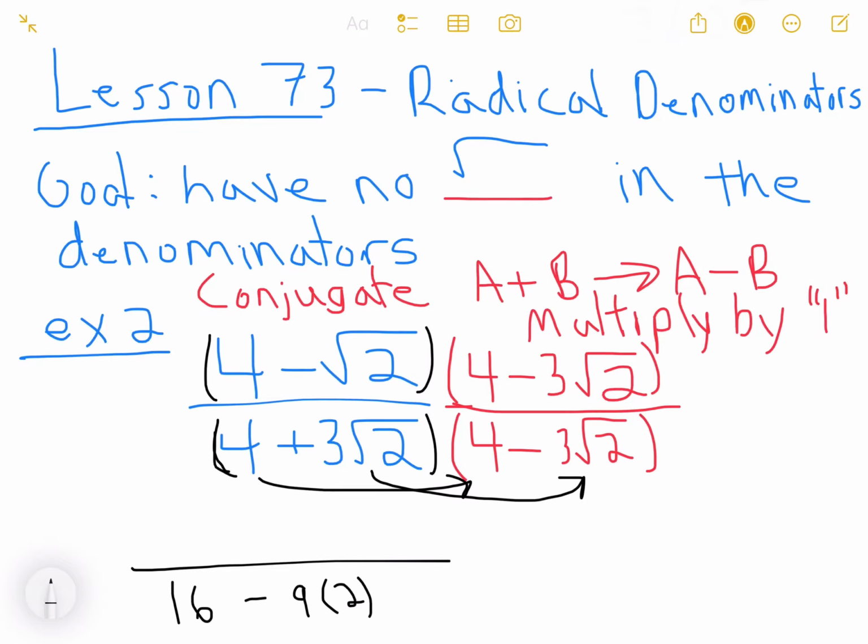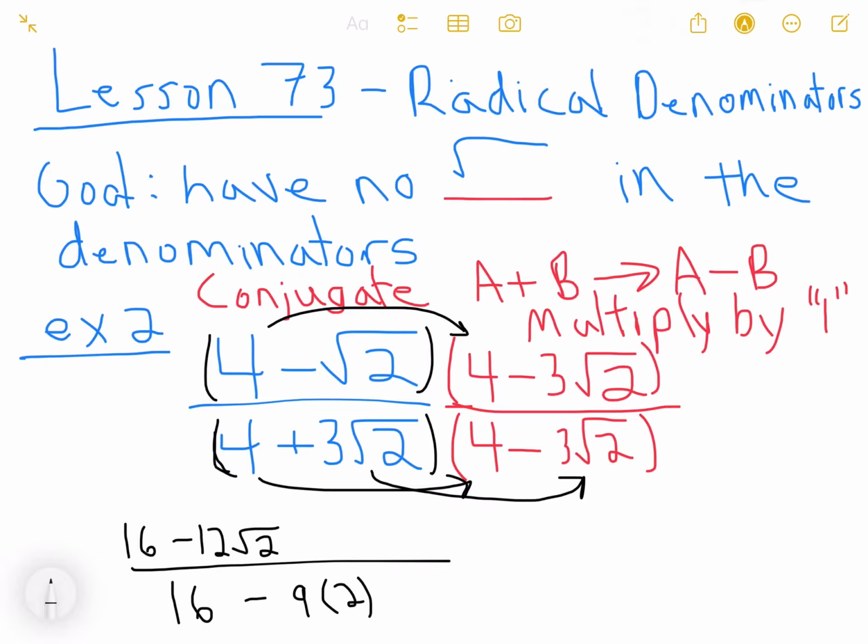But this top one gives me a little bit more trouble, because I have 4 times 4, that gives me 16. It gets a little messy with all these arrows, so I just write this first one. So I have 16, and 4 is going to be multiplied by minus 3 root 2. So if I have minus 3 times 4, then it means I have minus 12 root 2.